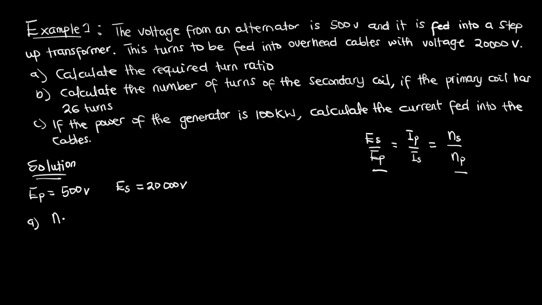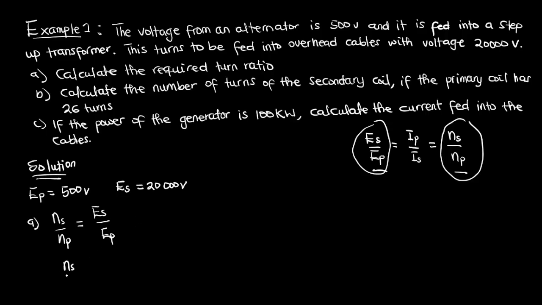So our turn ratio, Ns over Np, will be equal to Es over Ep. I'm just lifting it from here. So this is equal to this, right? Ns over Np is what we call the turn ratio, and that is what we are finding.